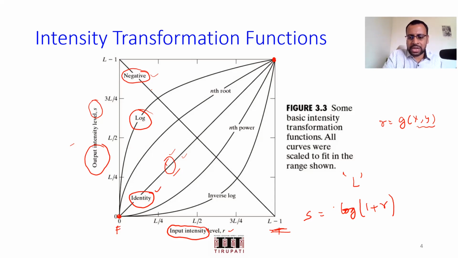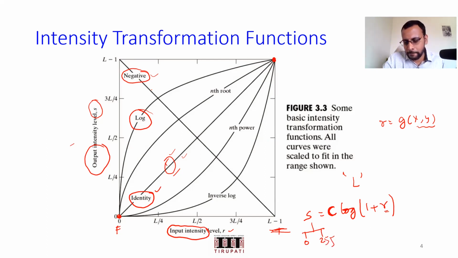So I'll have a constant multiplied with this. This is the transformation. Given an intensity value of r, I would be doing c times log of 1 plus r, such that this again would come to the range of 0 to 255 if I'm using 8 bits.